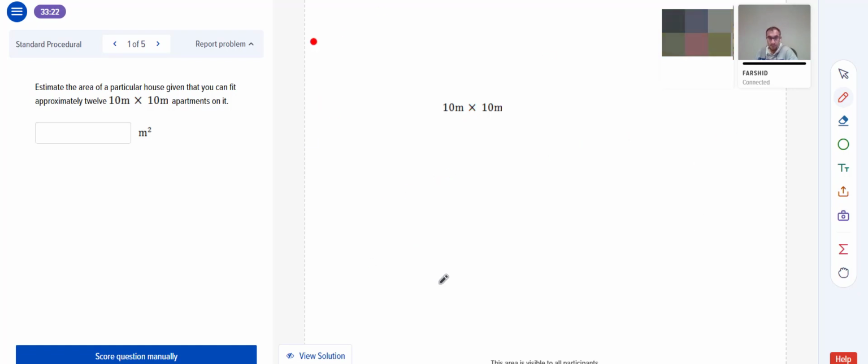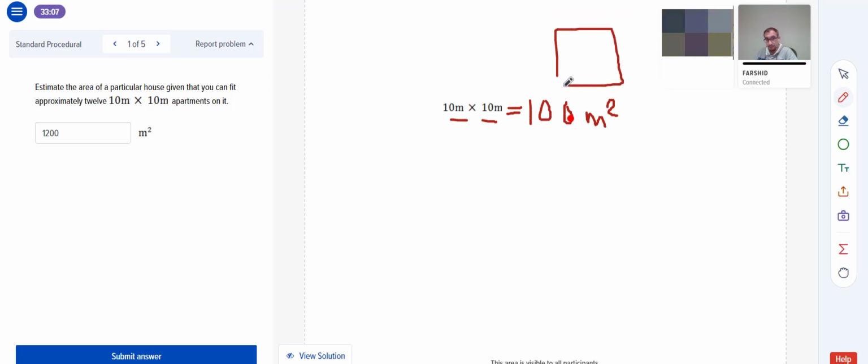Just to add that 10 times 10 is 100 square meters, because remember you are multiplying meter by meter, that's a square. So you call it square meter, yes? Yes, good job. Next one.